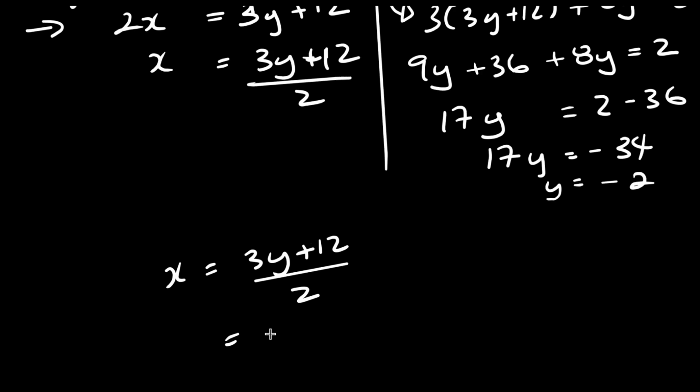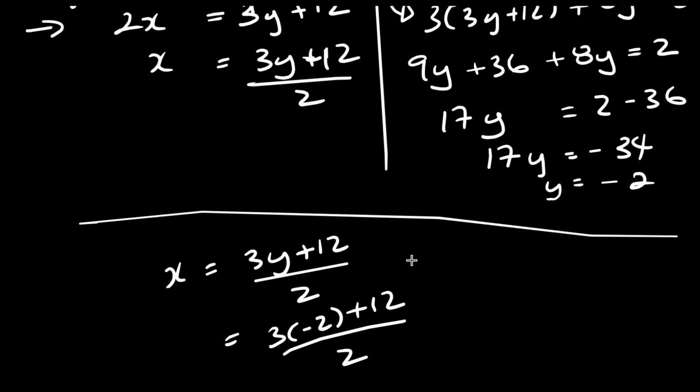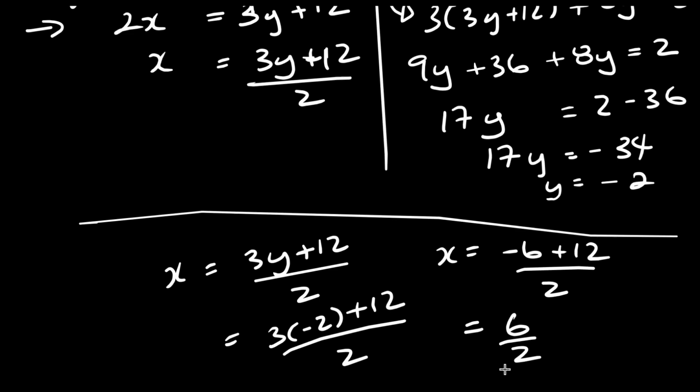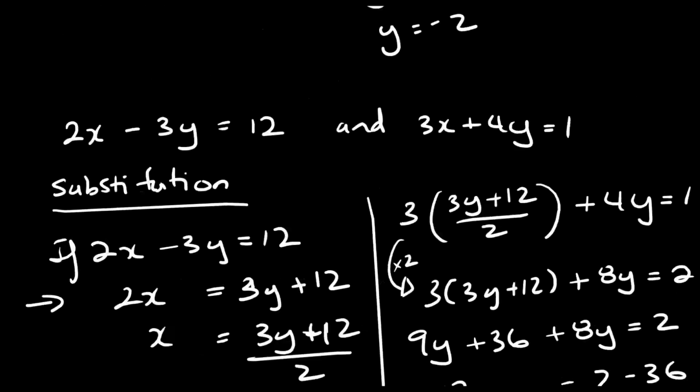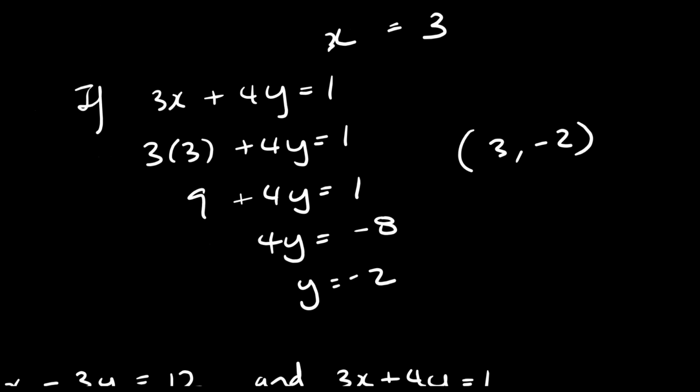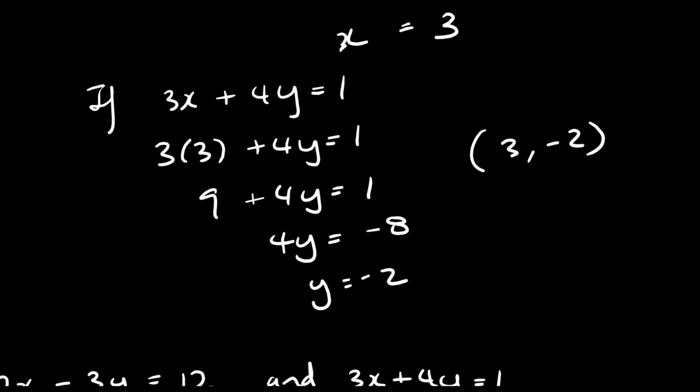But if y is negative 2, that's 3 times negative 2 plus 12 over 2, which means that x is equal to negative 6 plus 12 over 2. x is equal to 6 over 2, which means that x is equal to 3. So our solution would have been (3, negative 2). And we should have that here. Yeah. All right. Good stuff, people.